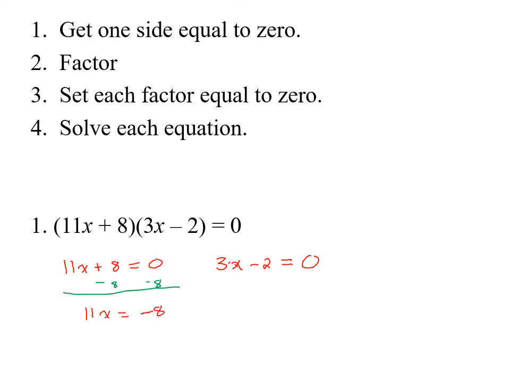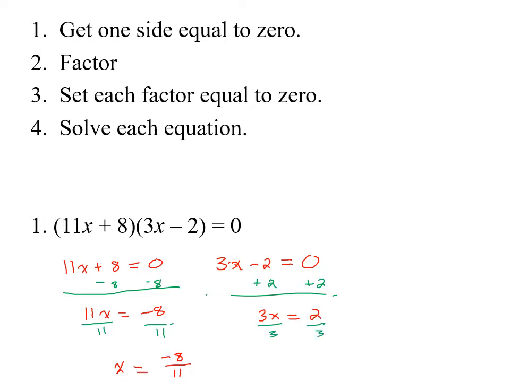That's a negative 8 there. And divide by 11. So x equals negative 8 over 11. Or on the other one, add the 2 to both sides. And we'll get 3x equals 2. And divide by 3 on both sides.